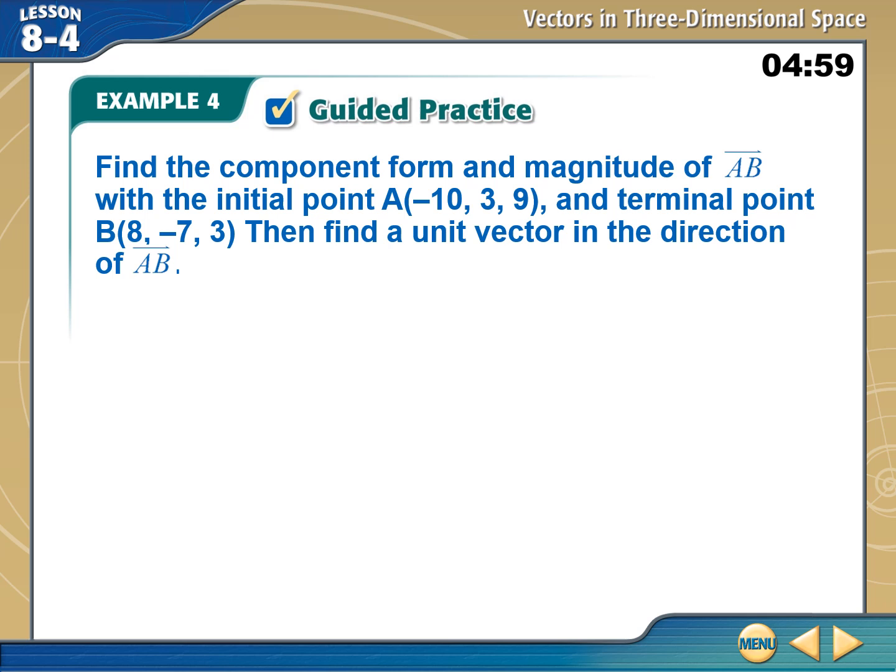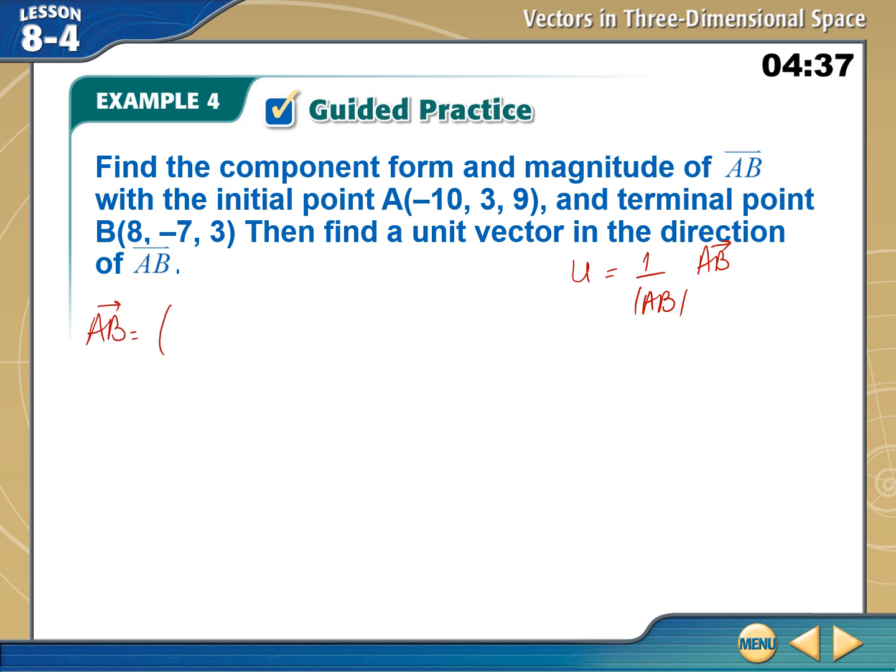Let's practice another question. Find the unit vector if the terminal and the initial points are given. So the first thing is we are going to write the formula of the unit vector, which is 1 over the magnitude of AB times the vector AB. Now first of all, find out the components of the vector AB.